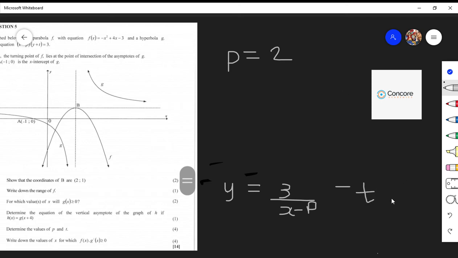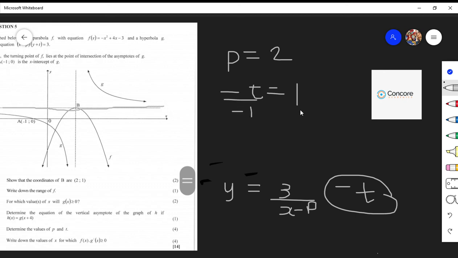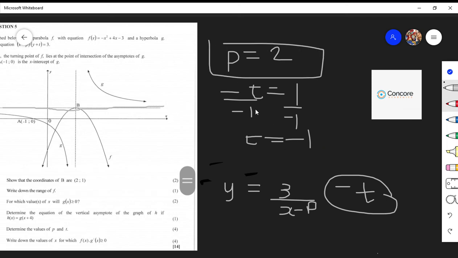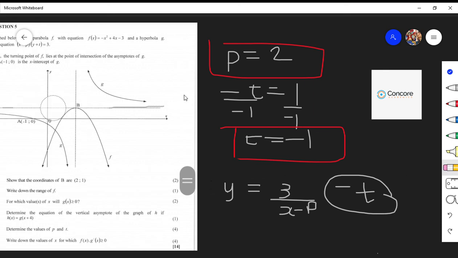Remember this is our horizontal asymptote, right? And they said our horizontal asymptote is the y value of b, which is +1. So if you say negative t is equal to +1, you divide by -1 on both sides, and you then get t equal to -1, because +1 divided by -1 is -1. So then we have our p value and we have our t value. Does that answer your question? Okay, so there's two ways of calculating that.